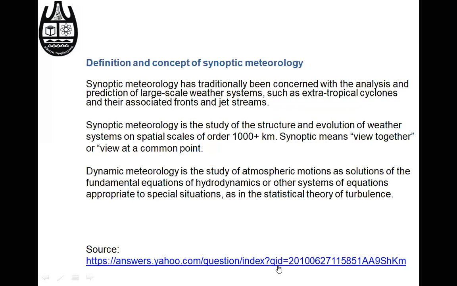On the other hand, as I discussed before, dynamic meteorology is the study that discusses the hydrodynamics equations, the fundamental equations of hydrodynamics, and other systems which consider the air as a single element.